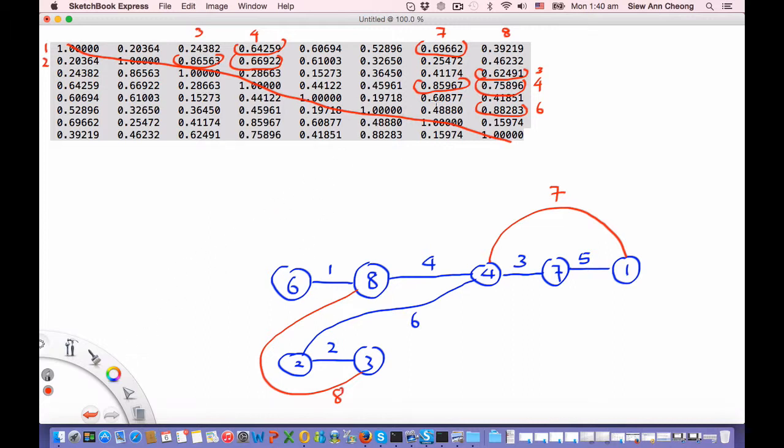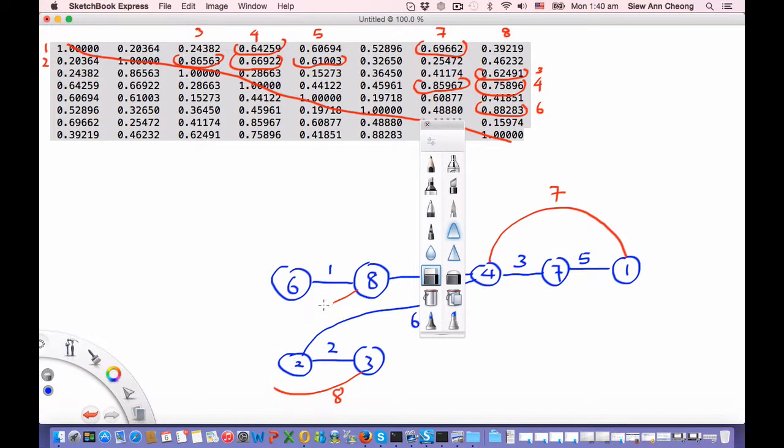Okay, and after 0.64, 0.62, we will have 0.61, or here it is 0.61003, and this is between 5 and 2. Now 5 and 2. 5 we have not yet introduced, so actually I can put the 5 here. Maybe I can expand this link out a little bit so that I have room to draw number 5.